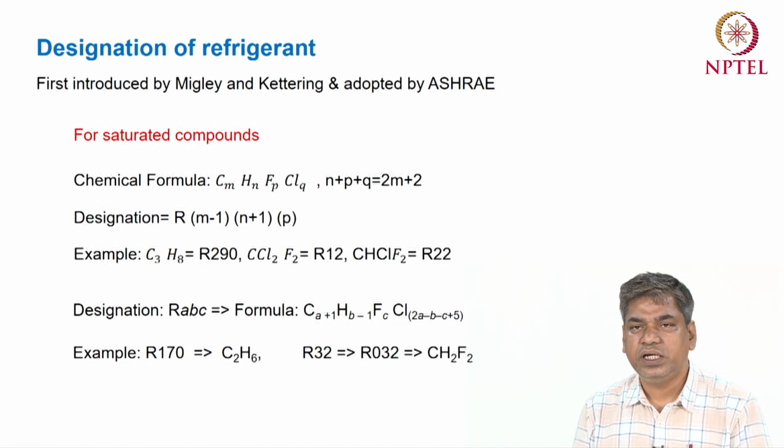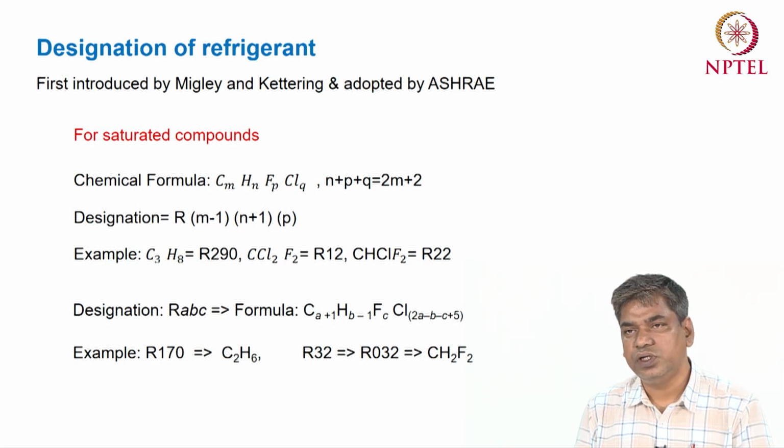For example, let's say one refrigerant nomenclature is R170. For this case A is equal to 1, B is equal to 7, and C is equal to 0. So C1 plus 1 is 2, and H 7 minus 1 is 6, and the other parameter C is equal to 0, so Cl is also equal to 0. So the chemical formula of R170 is C2H6.